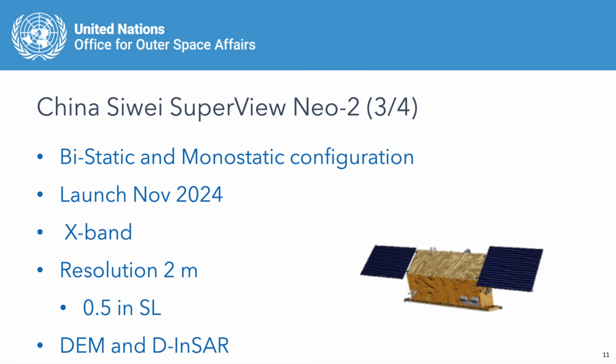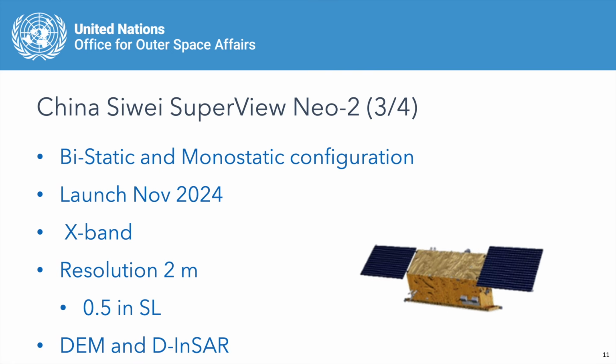Now let's talk about some of the commercial high-resolution satellites. There are quite a few available, and I'm just giving two examples here, which are by no means representative in any way. Let me just jump in with Siwei SuperView Neo 2 satellites, which also has bistatic and monostatic configuration. It's quite new, launched in 2024, and is currently in the bistatic phase.